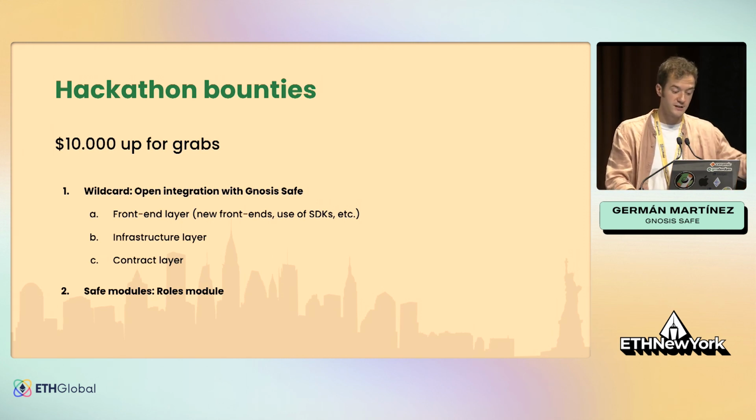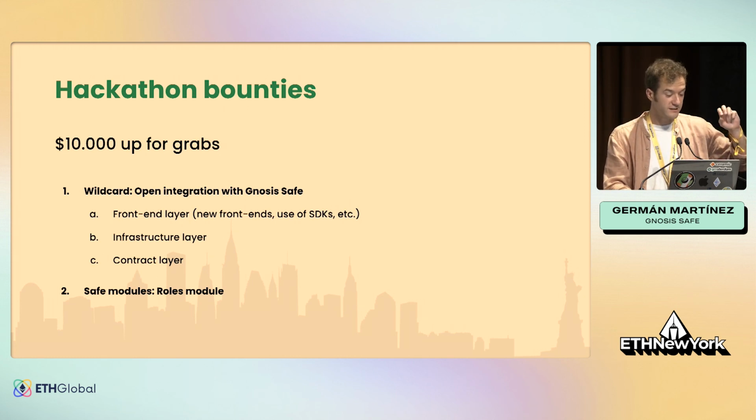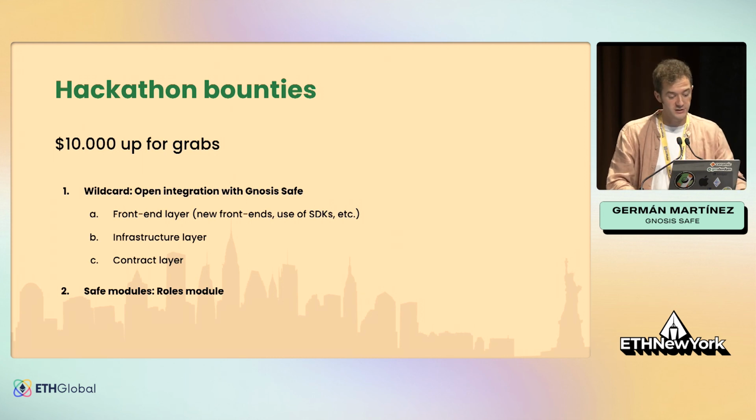In the infra, if you want to play around with signatures, like collecting all the signatures off-chain before a transaction is executed, or in the contract layer if you want to play around with modules and guards. That is the first bounty, and the second one would be specifically related to the roles module from Zodiac, the best use case for it.